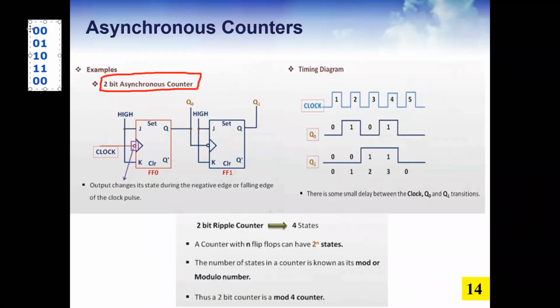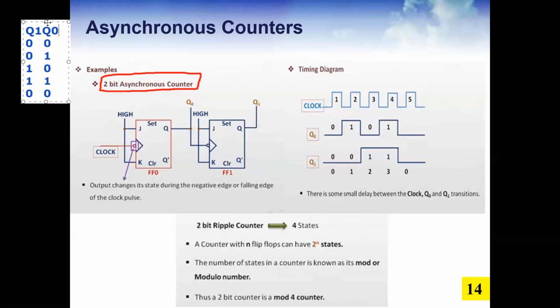Let's assume that as per this circuit, this is Q1 and the other one is Q naught. Q naught is the least significant bit and Q1 is the most significant bit, if you remember. All right, let's see now.